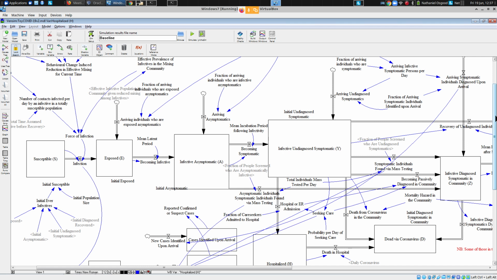If the goal of the model is to examine interventions, there are certain types of interventions that will be more suitable to this sort of model versus another sort of model.